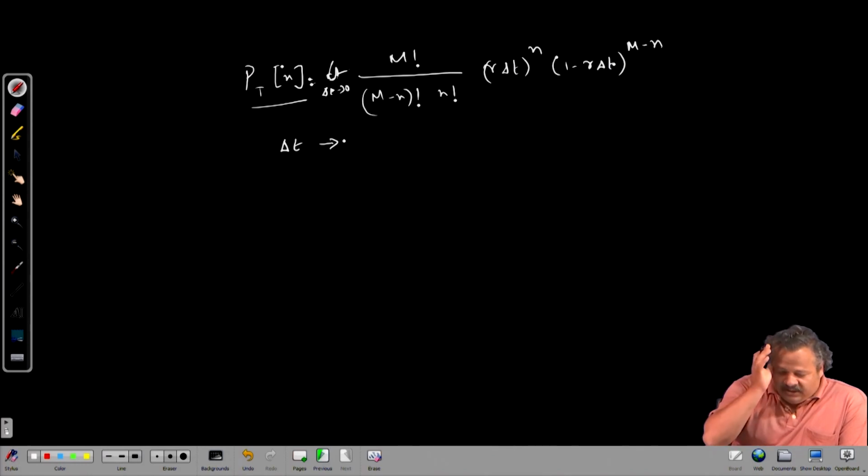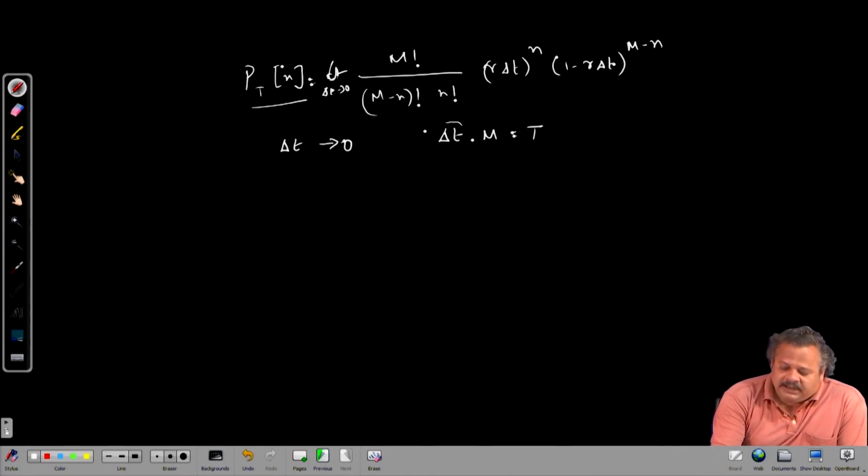So, when we have delta t going to 0, there are a few observations that we need to take into account, that is, delta t times m is our capital T. Now, as delta t goes to 0, since our capital T is fixed and n is fixed, this capital M is growing towards infinity, it grows unbounded.